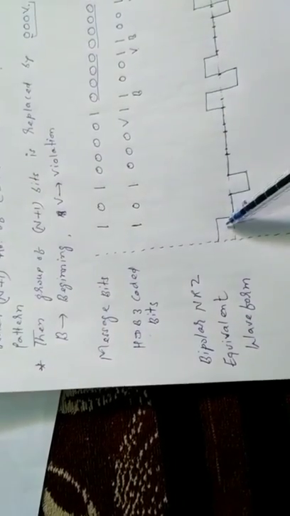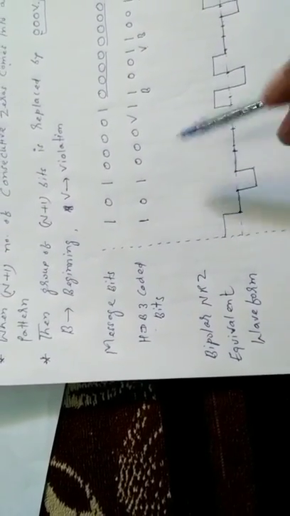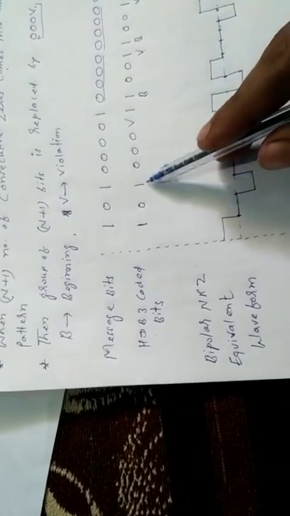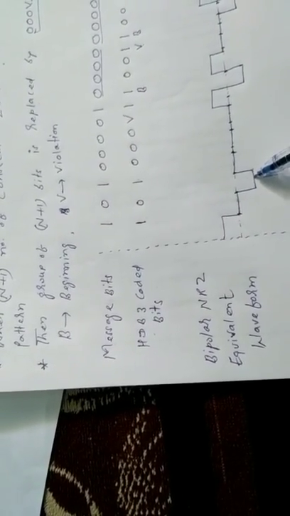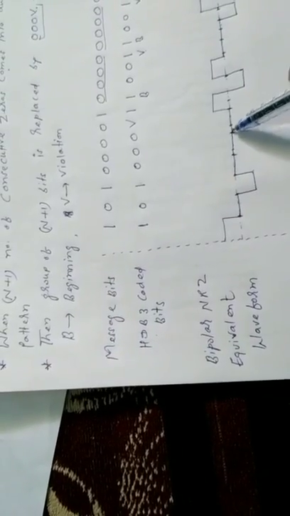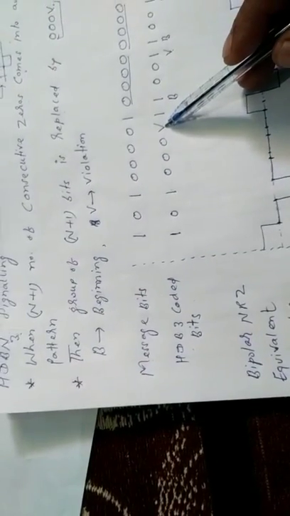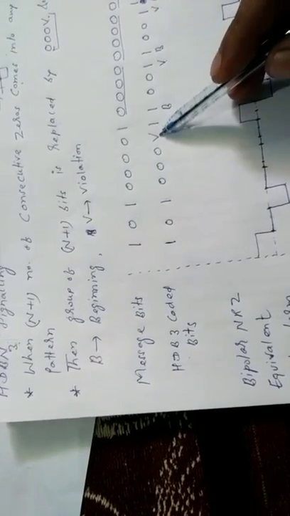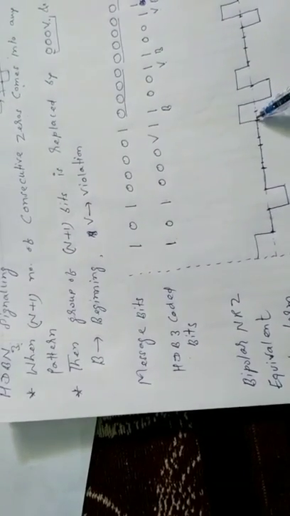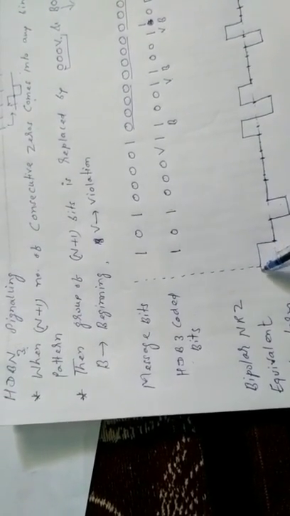Now how will it be encoded? The first one will be encoded as having positive polarity. 0 will be simply 0. This 1 will take the negative polarity now. And these 3 zeros will be replaced by simply the zeros. But here for this 0, this will be given a violation bit, and it will be given in positive polarity as compared to this bit, because it took the negative polarity, and this is a particular pre-specified voltage.